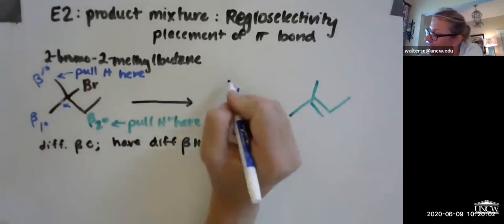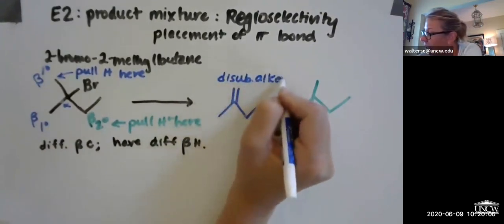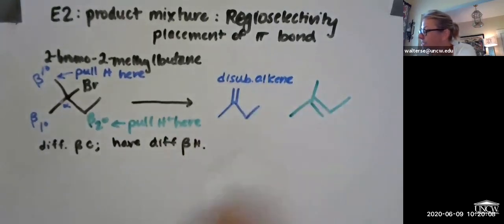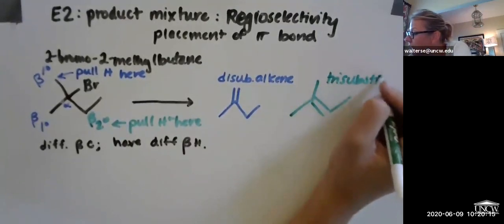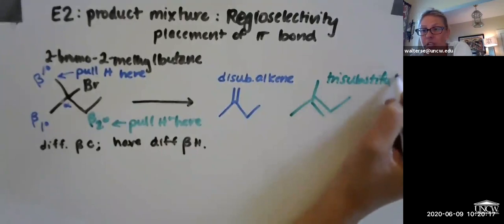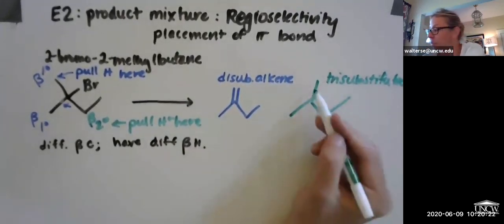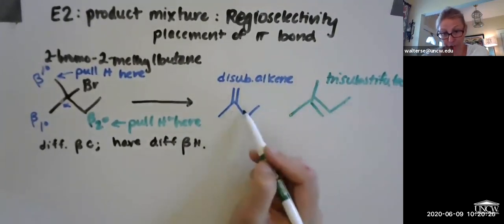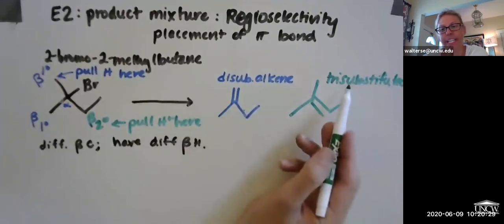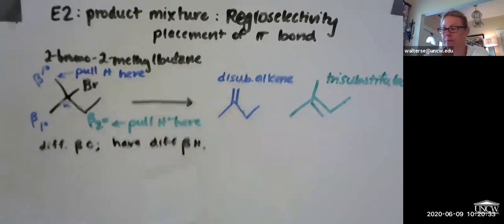So this is a di-substituted alkene, and this is a tri-substituted alkene. So they're not equally stable. This alkene that's tri-substituted, you can see 1, 2, 3 groups versus here only 2 groups. The tri-substituted alkene is more stable than the di-substituted alkene.